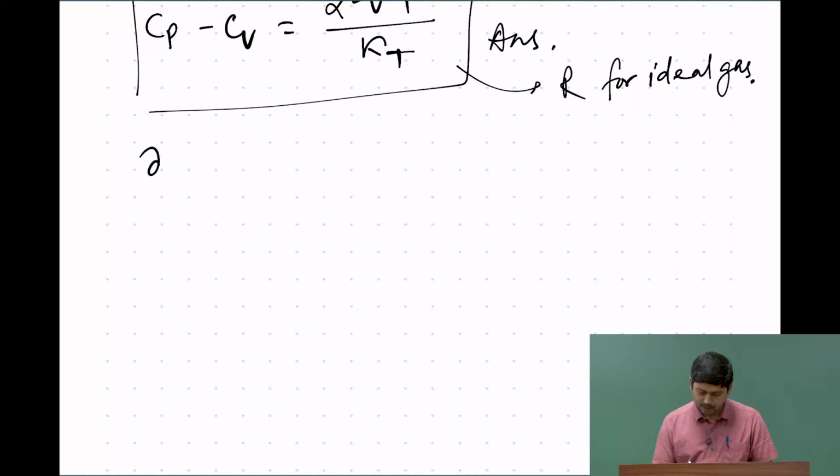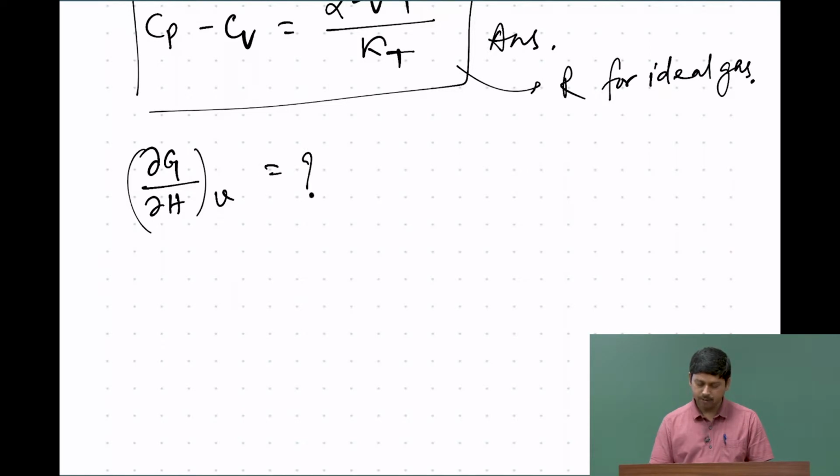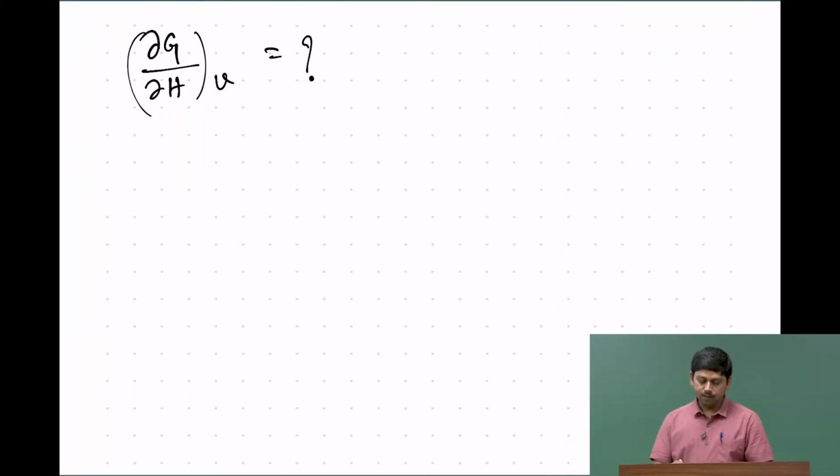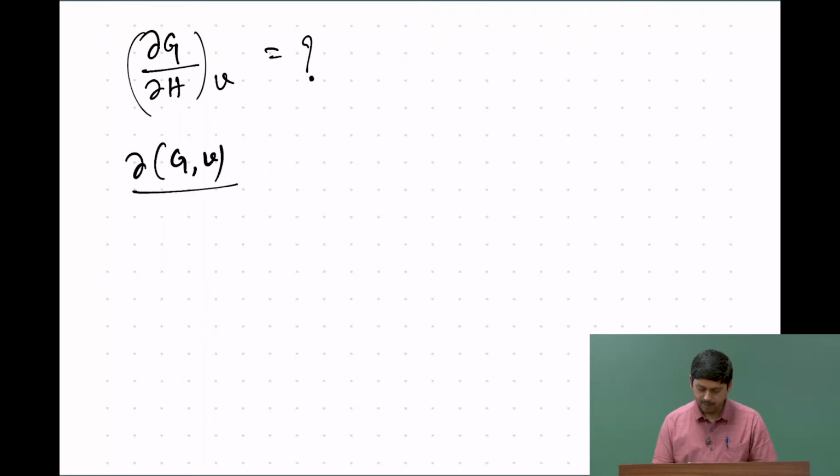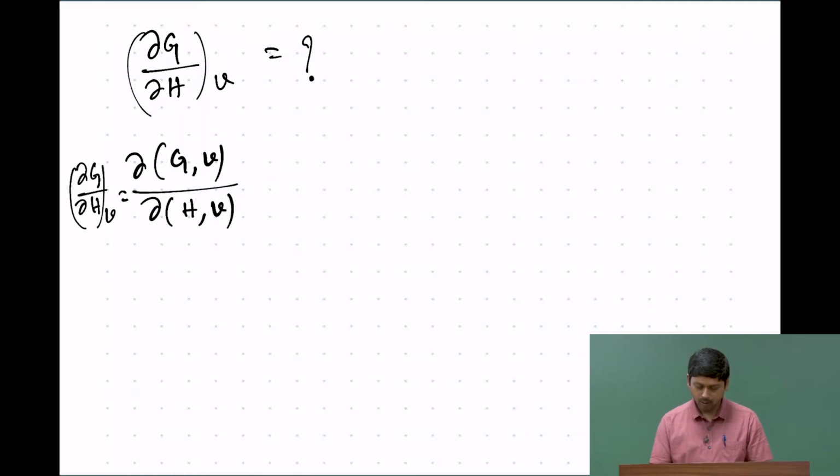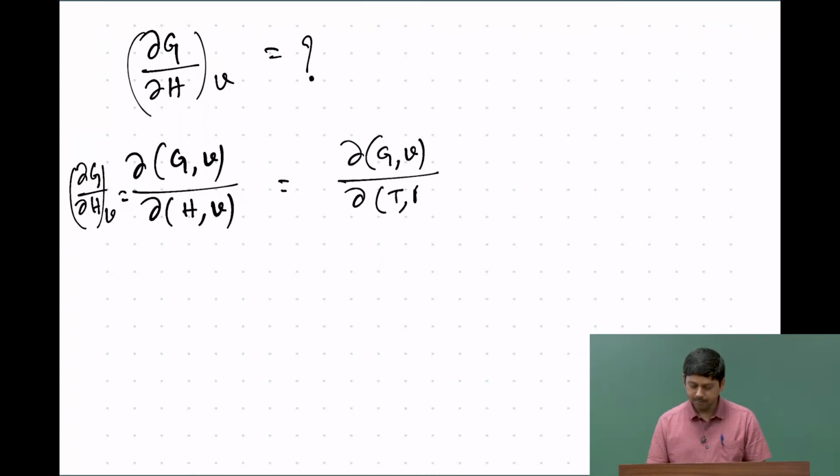So, del G by del H at a constant V is how much? Let us see. First itself we can write del G V by del H V. Okay. And then we write del G V by del T P, del T P by del H V.